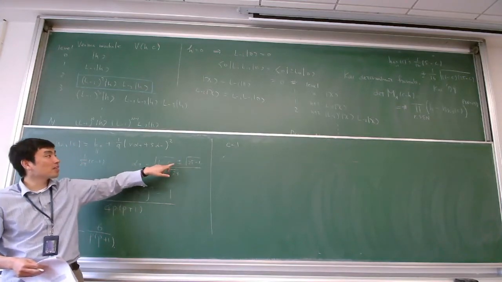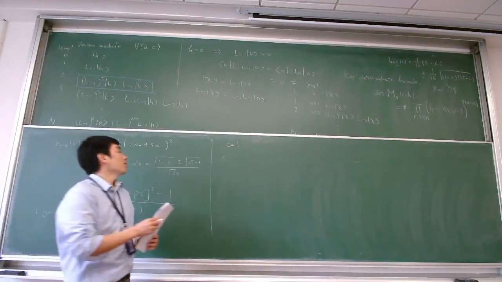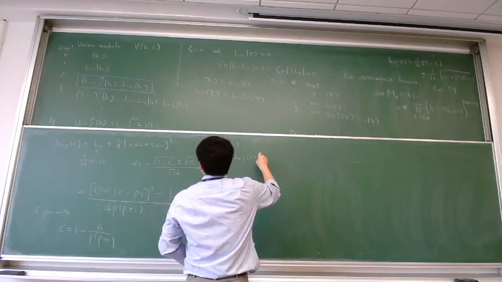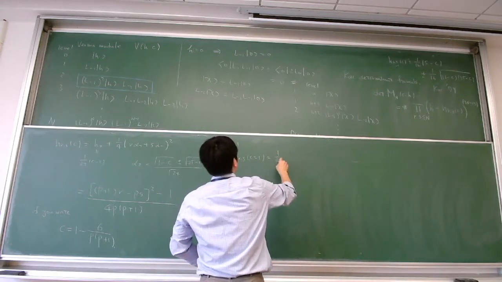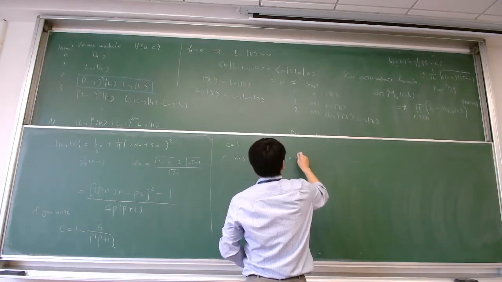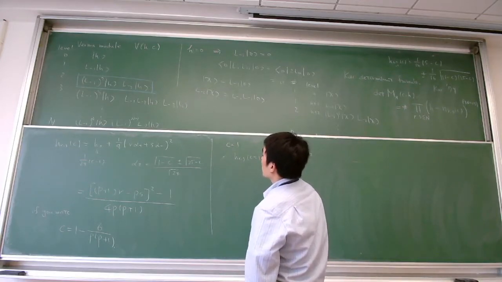You have plus minus. So what's left is this. Therefore, h_{r,s} at c equal to 1 is indeed 1/4 (r alpha plus minus s alpha minus) squared. Is it correct? Yeah, it should be correct.